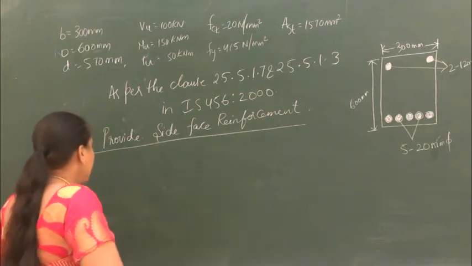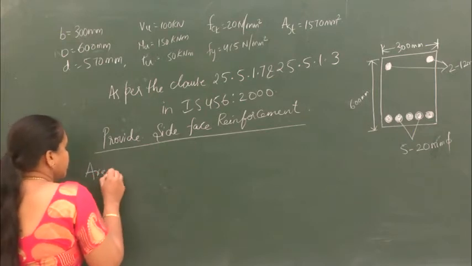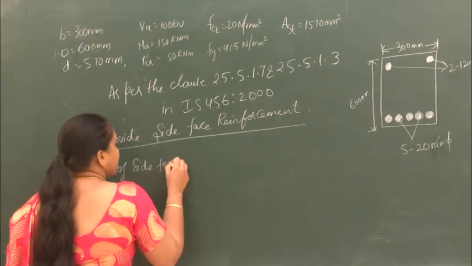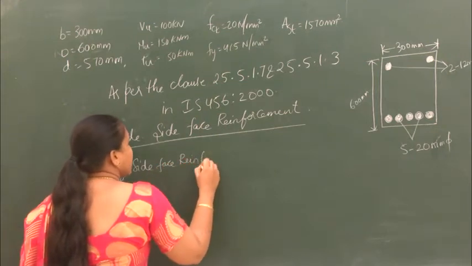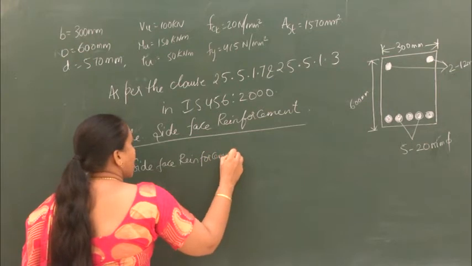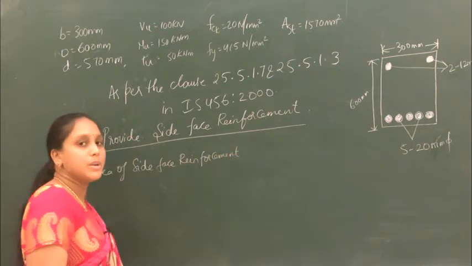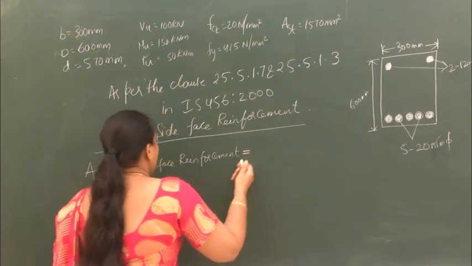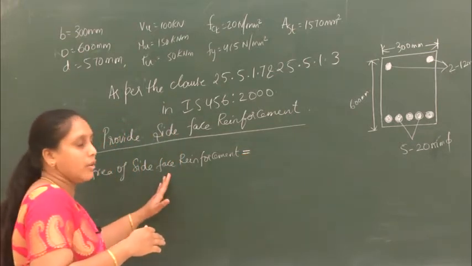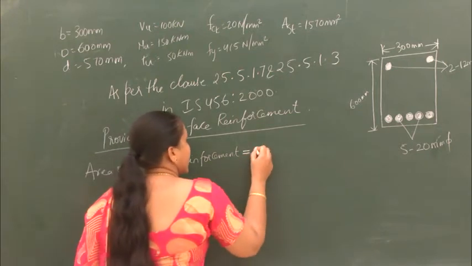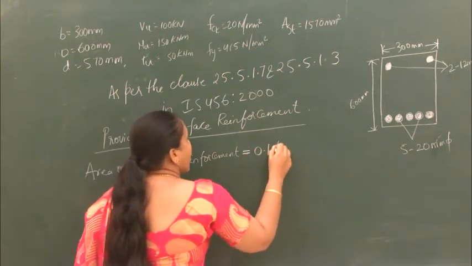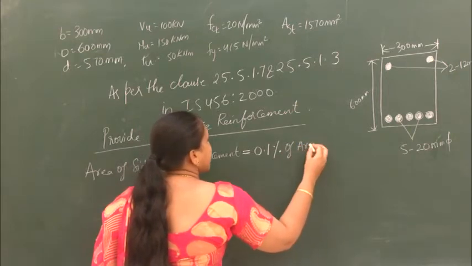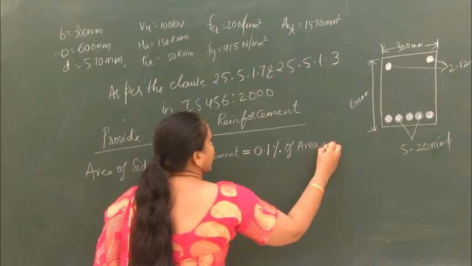So the area of side face reinforcement should not be less than 0.1% of the web area. For that, I am finding out the area of the side face reinforcement, taking it as 0.1% of the web area.